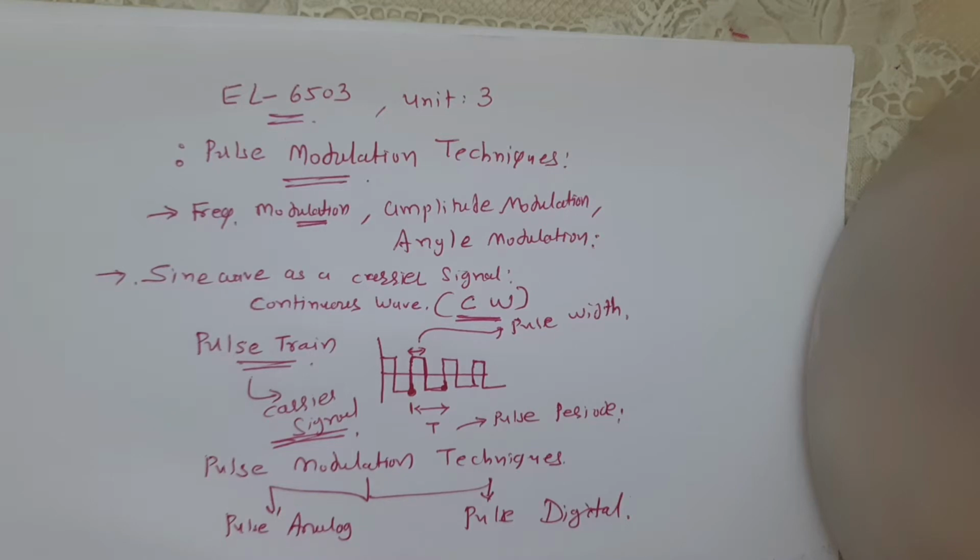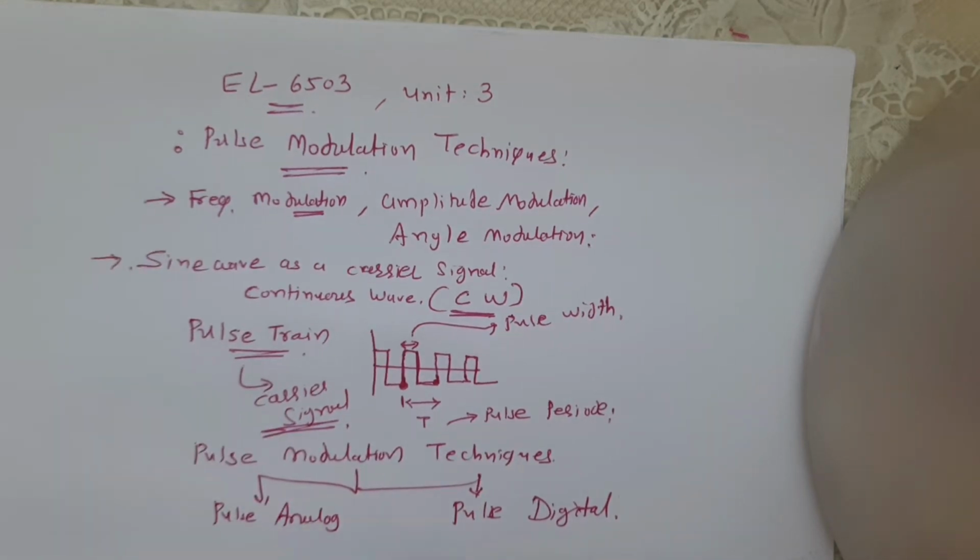This chapter begins with an overview of various pulse modulation techniques and comparison with CW modulation, that means continuous wave modulation. This is followed by a detailed discussion of various pulse analog modulation techniques.